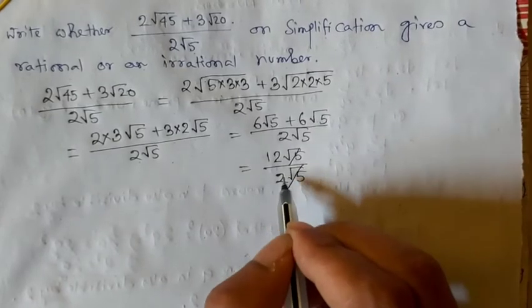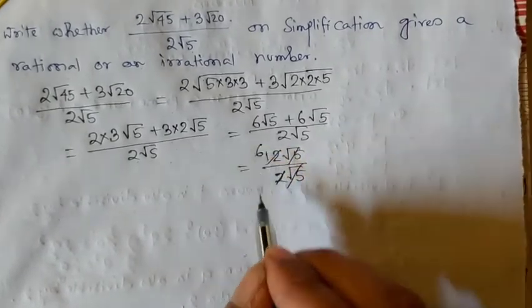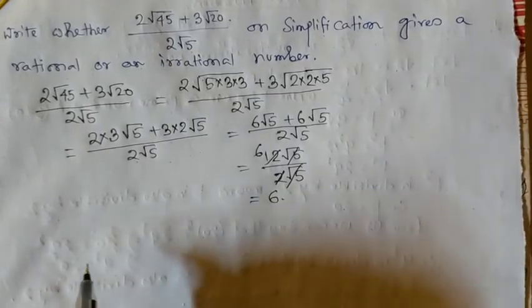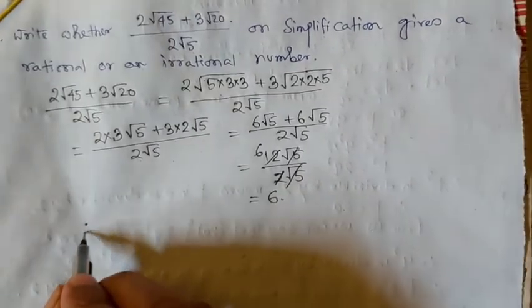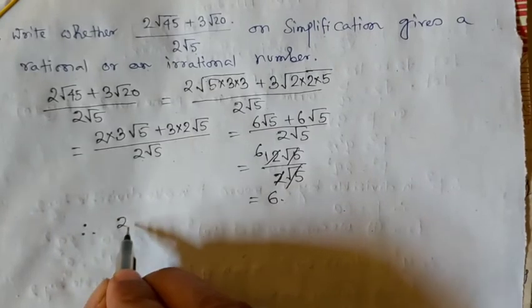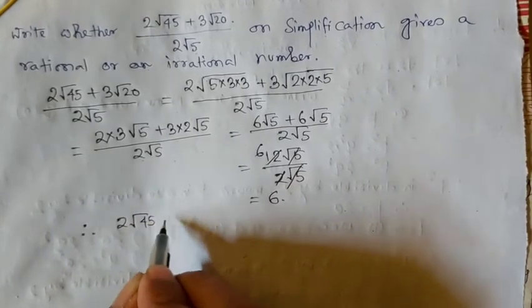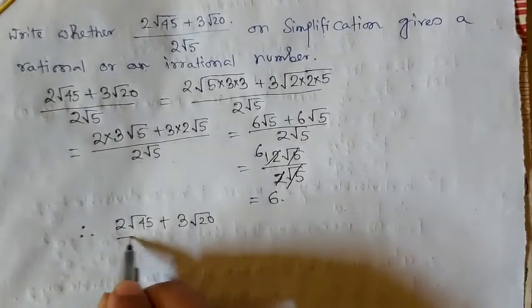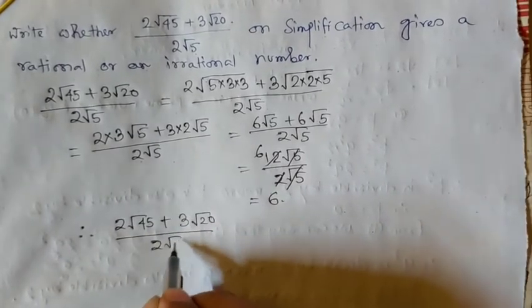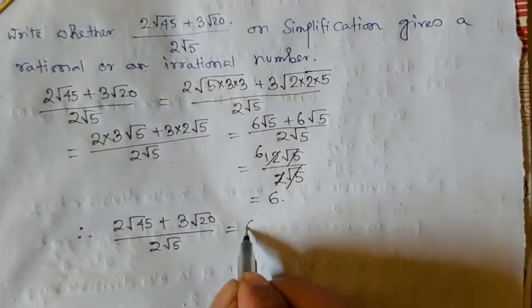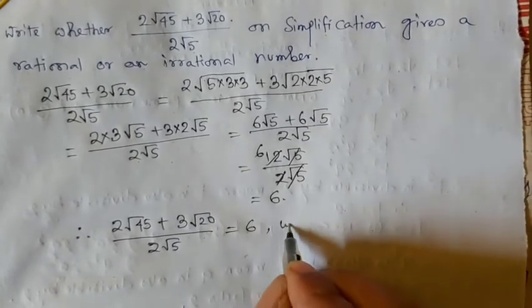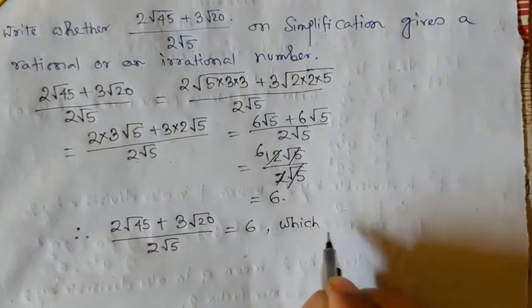So root 5 cancels and 2 sixes are 12, that means this is 6. So obviously 6 is a rational number. That's why 2 root 45 plus 3 root 20 divided by 2 root 5 has the value 6, that means after simplification it is a rational number.